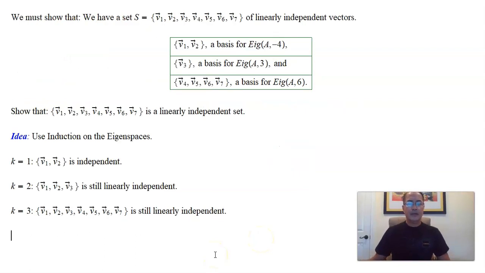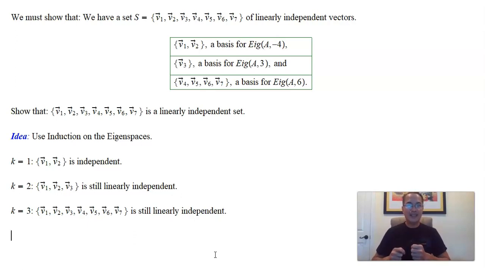Remember how I said in that previous theorem that it's going to be like a baby step towards our main goal. We are now in that main goal. In that baby step, we used the principle of mathematical induction. If you already have j independent eigenvectors and we add one more, then that set is going to remain independent. But this induction is going to be different.